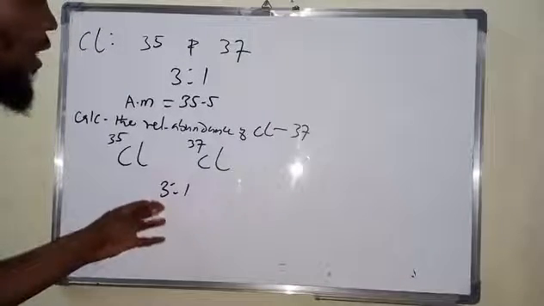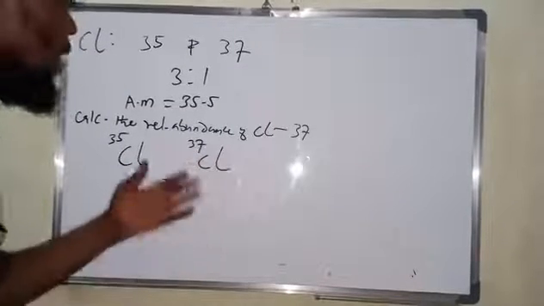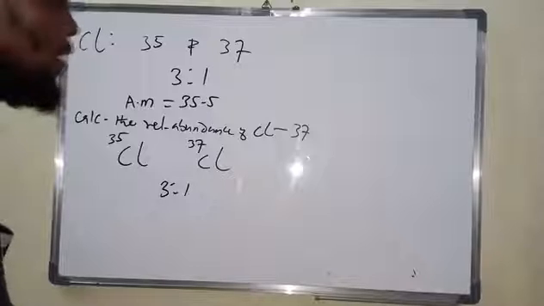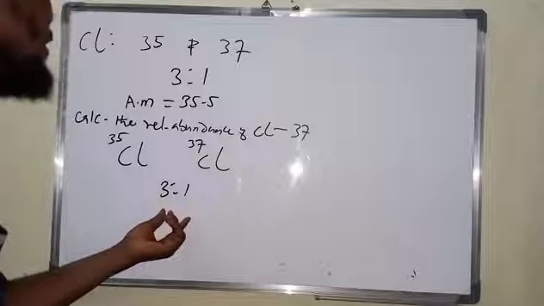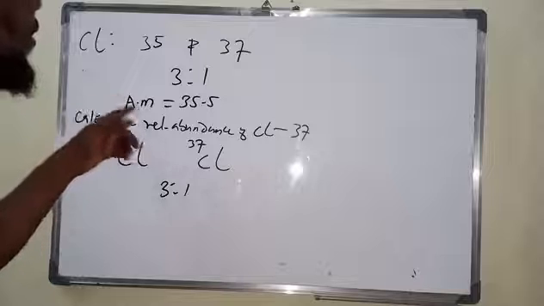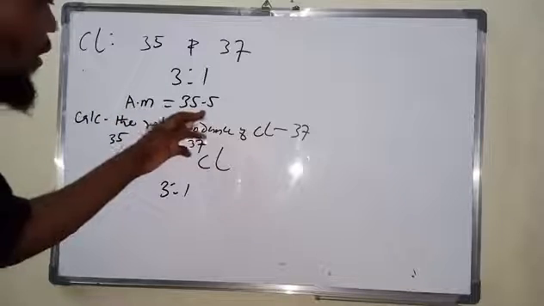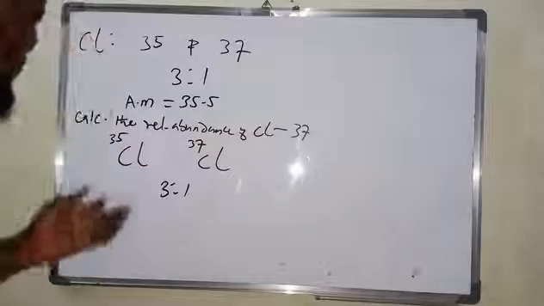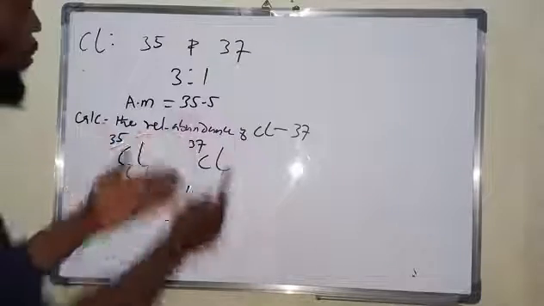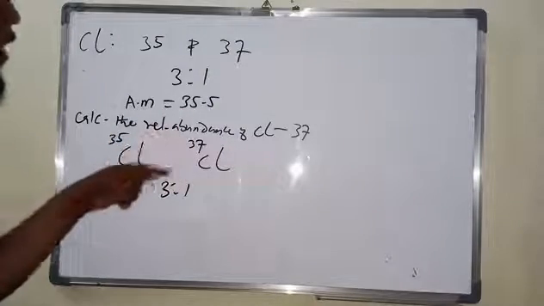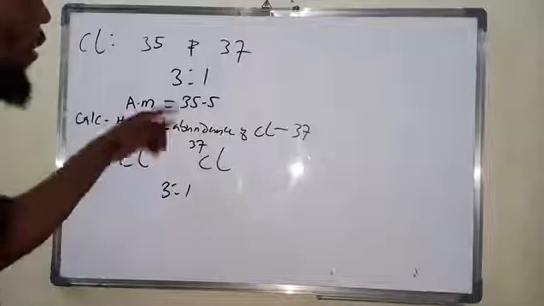It's 3 times more abundant than chlorine 37. That is what the ratio implies. And the relative atomic mass of chlorine is 35.5. So it is neither this nor this, but it's placed in between the two, but closer to this than this because this is more abundant. So this is relative atomic mass.